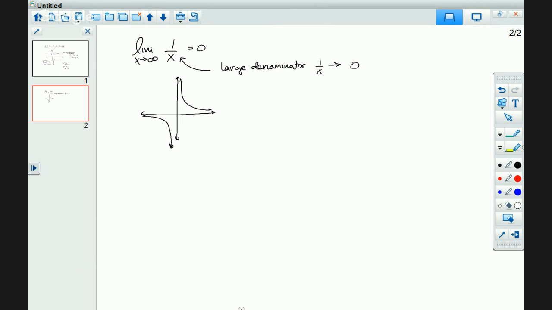So if you've got a large denominator, it's going to 0. What's a large numerator going to give us? Big top, the numbers just get bigger and bigger and bigger, right?